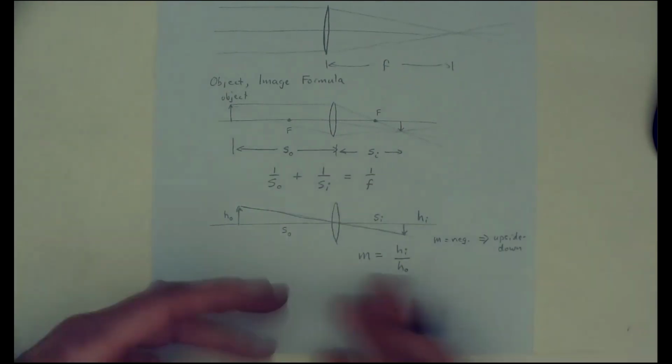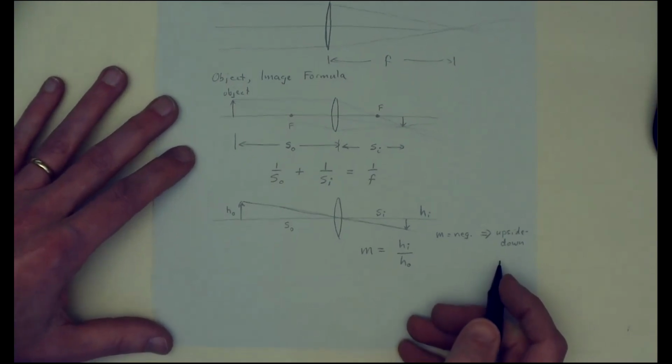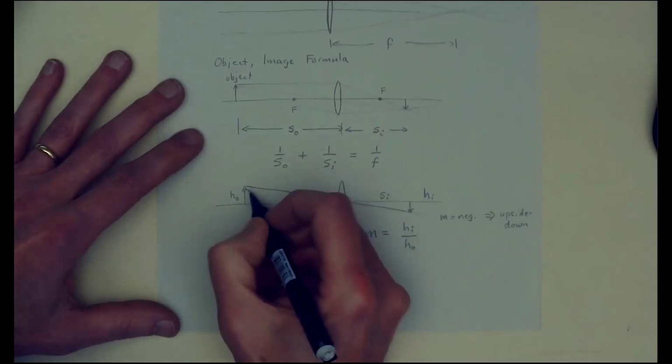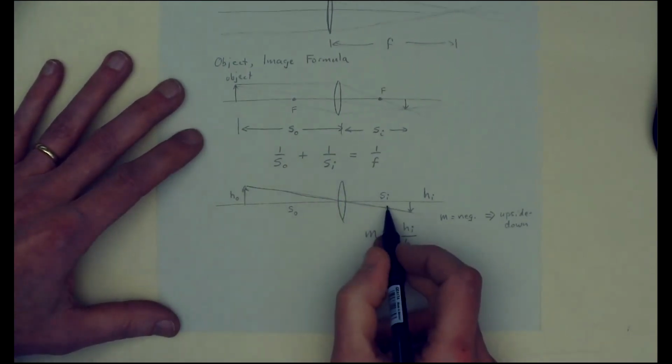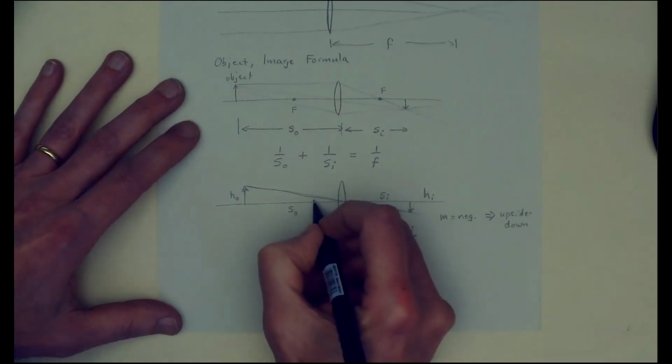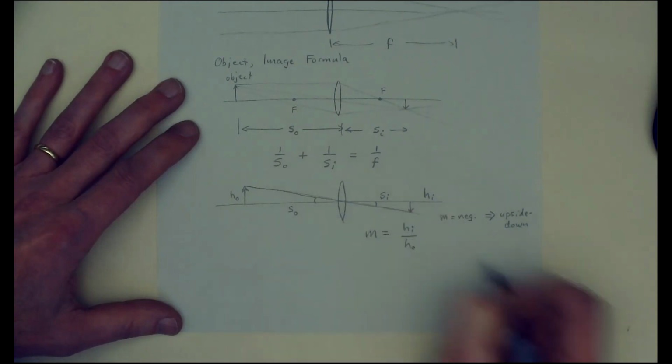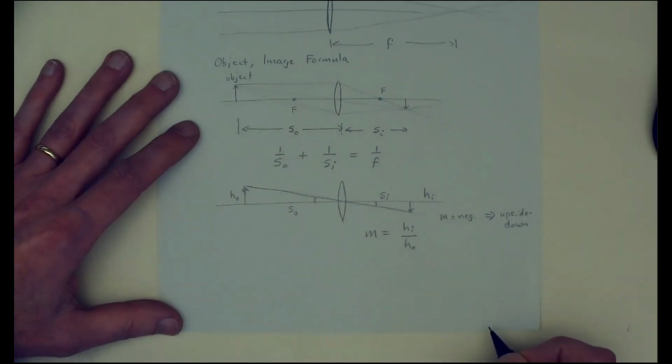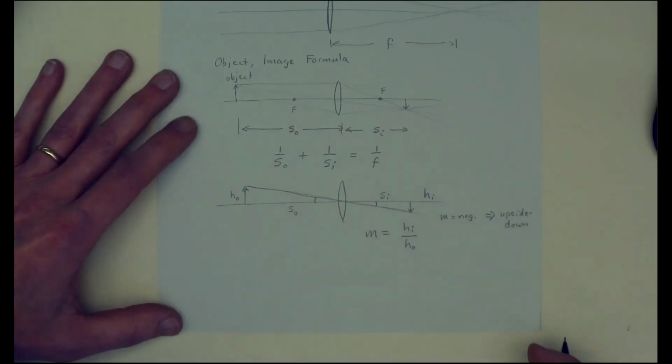Say we set up a lens and we'd like to know what is the magnification. The way we can do that is by looking at the two triangles that I've drawn up here. And you realize that they are similar triangles. They share this angle. That angle is the same in both cases. So if those are similar triangles, we can make ratios all over the place.